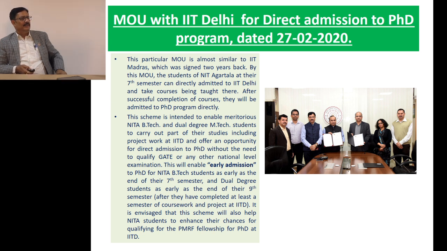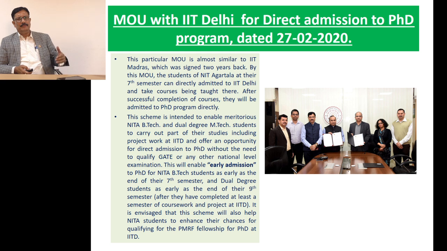This is typically the early admission, which they extended to every stage. What do I mean by every stage? Even in our BSMS, BTMT, all sorts of programs, just before the completion of the program, while they are in the pre-final year, if they go there, they can apply for the early PhD program.